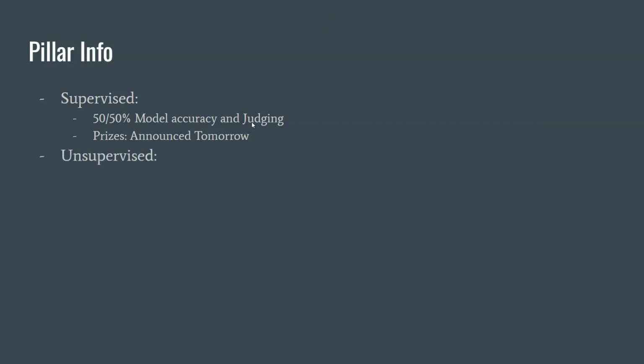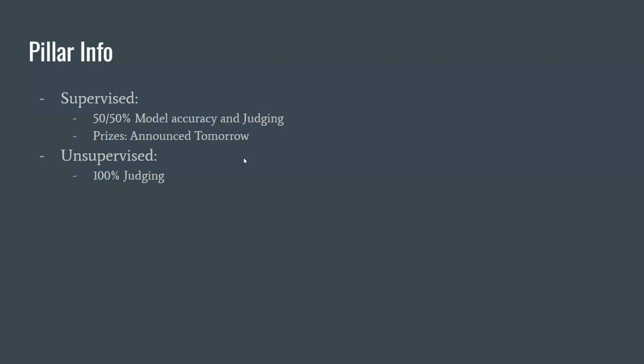And then unsupervised, and I know a lot of people are interested in this one, and I am excited about that, but it's gonna be kind of tough because 100% of it is on judging. So you make a model amazing, but if you collapse in front of the judge, then you won't be in the running anymore.